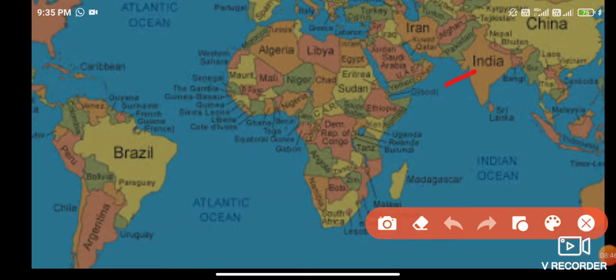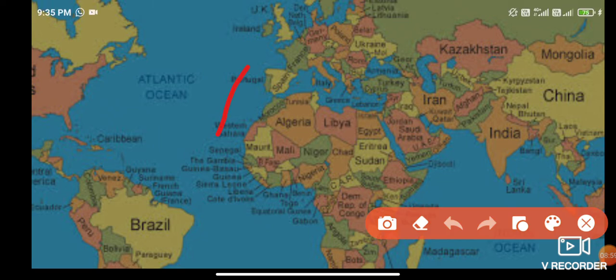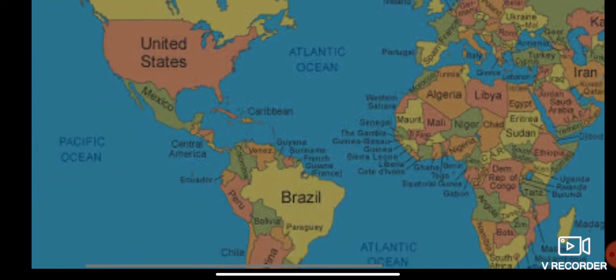Not taking the Suez Canal, you are going down to South Africa, and from there to Europe or UK. So you need to take this route, which is longer. So the Suez Canal is a short sea route where you can reach your destination faster as compared to other routes.